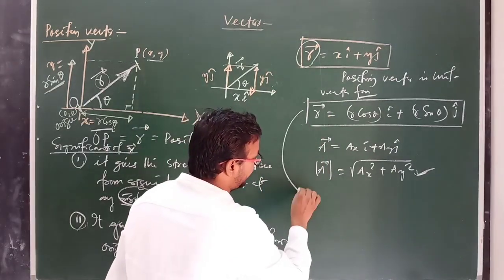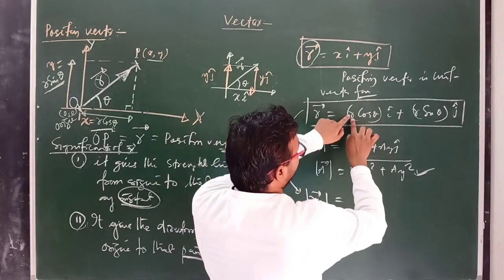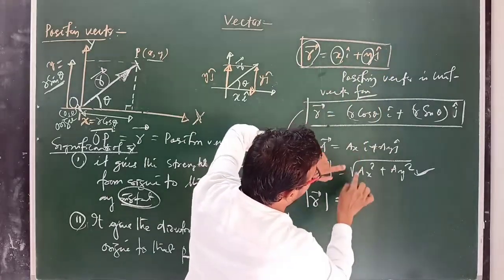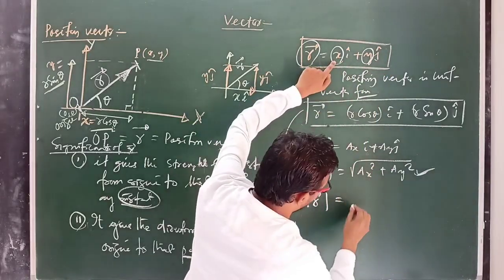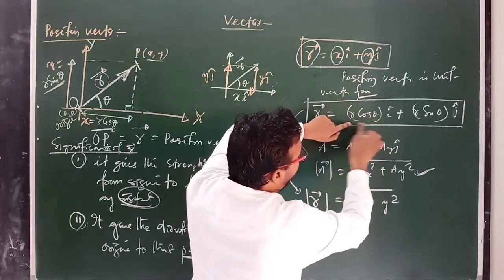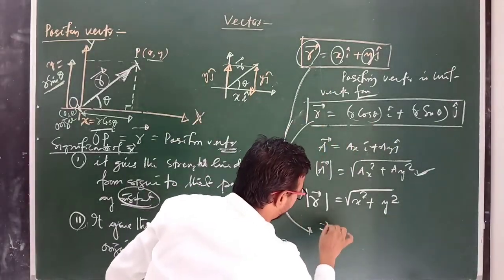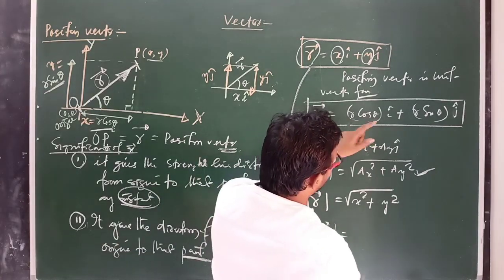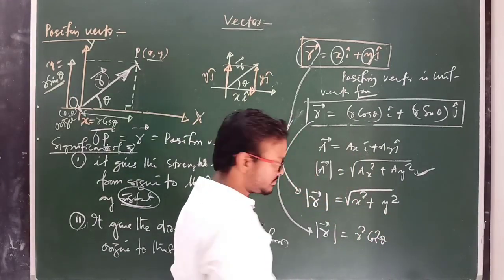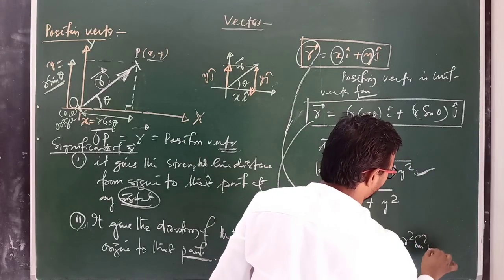So you can find the magnitude of the position vector, where x and y are the components. Here we can write the magnitude as the square root of x square plus y square. Or you can also find it from this relation: the magnitude of r vector equals the square root of r cos theta square plus r sin theta square, that is r square cos square theta plus r square sin square theta.